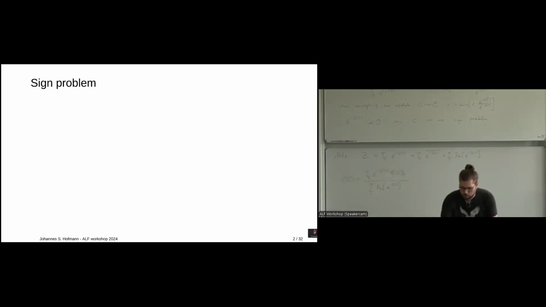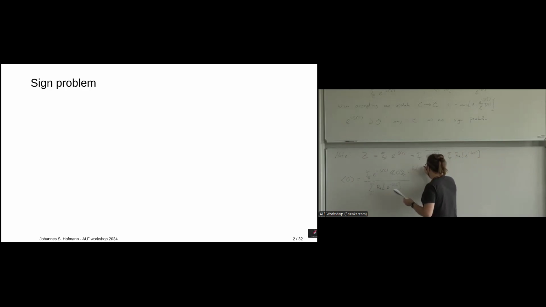Maybe I can use colors. I hope this still comes through the camera for the participants online, because I want to manipulate this equation where in the numerator, I'm essentially multiplying by a 1, but it's a special one.